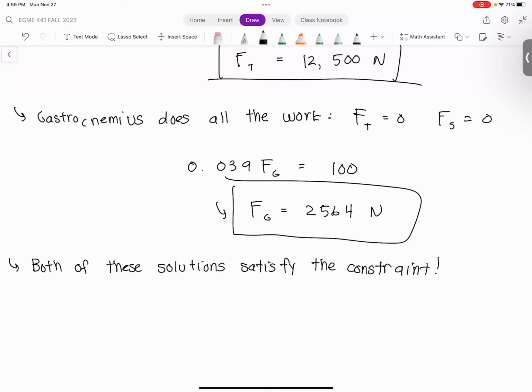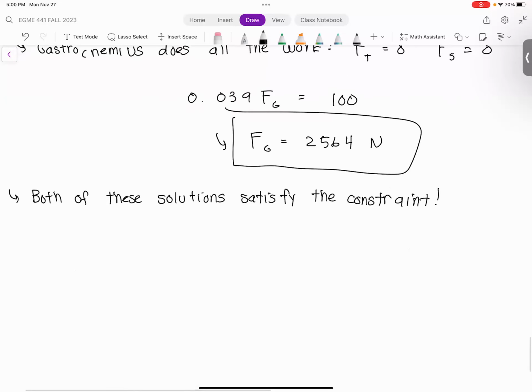And so technically, since both of these satisfy the constraint, they're both going to be valid. But one of these solutions is more optimal than the other, right? So if we look at our objective function here, in this case it is just the sum of all the forces. So we have FG plus FT plus FS.